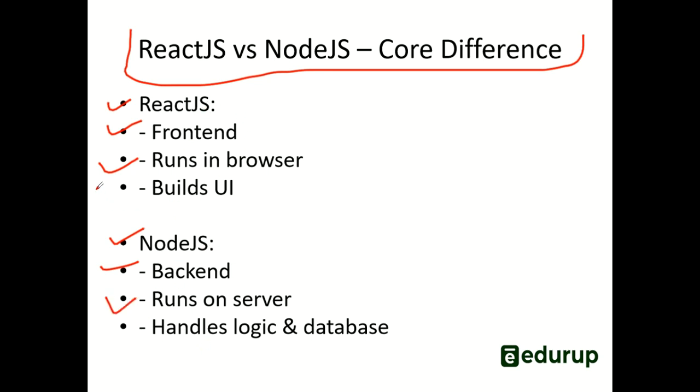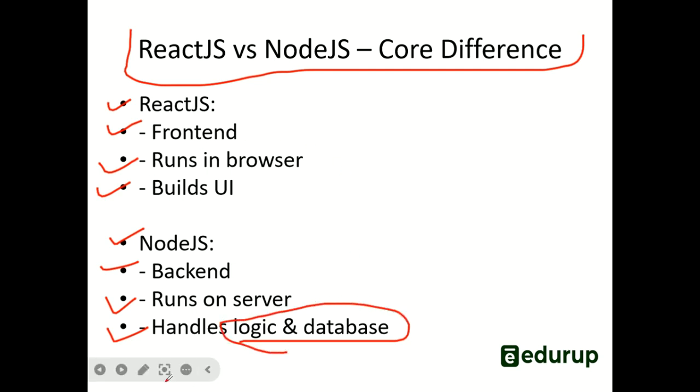ReactJS builds the user interface. Node.js handles logic, and database connection is also done in Node.js. Any confusions over here? No. Okay, so this is very important when it comes to the core difference between ReactJS and Node.js.